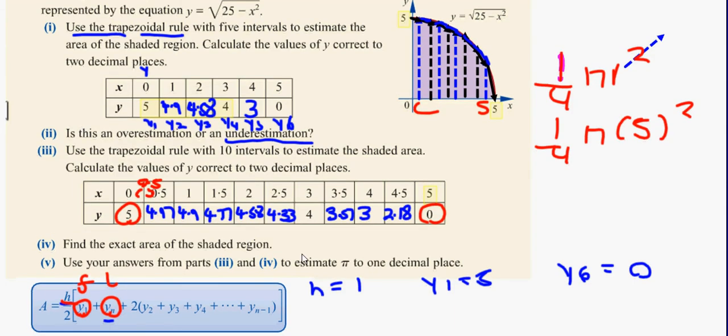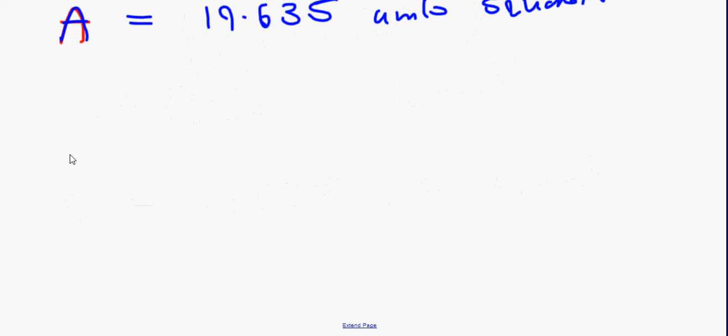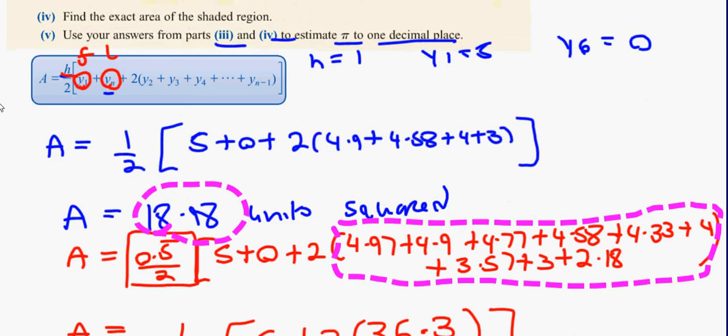Okay. Now, use your answers from part 3 and 4 to estimate pi to 1 decimal. Our answers from parts 3 and 4 come from pi r squared, and we're not going to use pi from our calculator. Our first area for part 3 was 18.98.